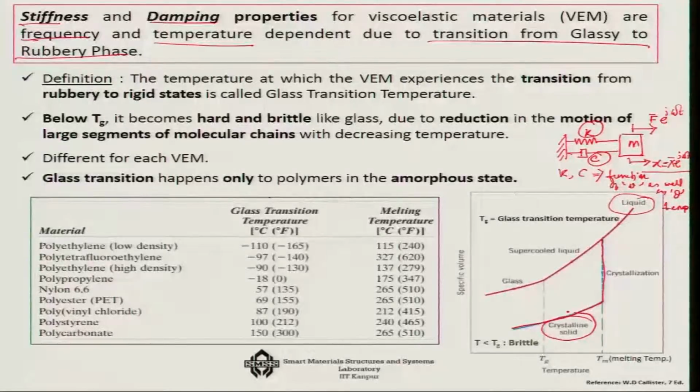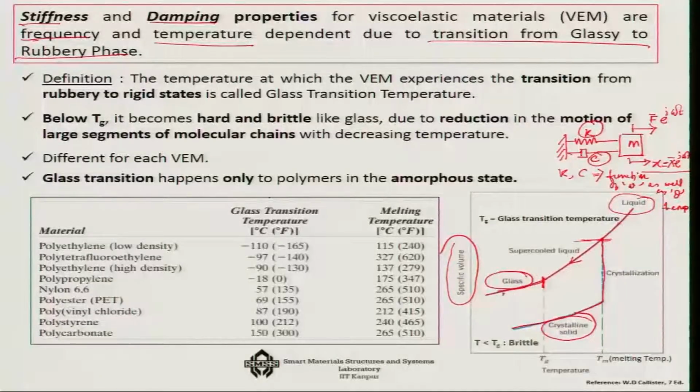Whereas, if you have a very fast cooling process, or if it is a viscoelastic material, then you will not see any remarkable change in terms of the specific volume at this point; rather it will behave like a liquid, and then beyond this point solid-like behavior will appear, which is the glassy behavior, and this is when the crystals are not forming.